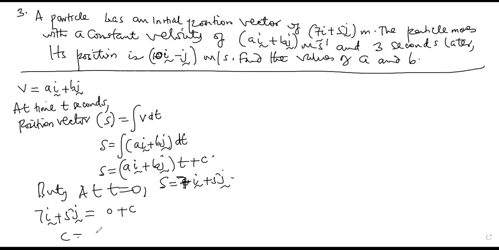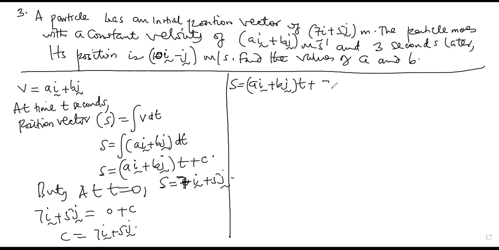So the constant is 7i plus 5j. What does it imply? It implies that our S is equal to (ai plus bj) t plus a constant, which is 7i plus 5j.